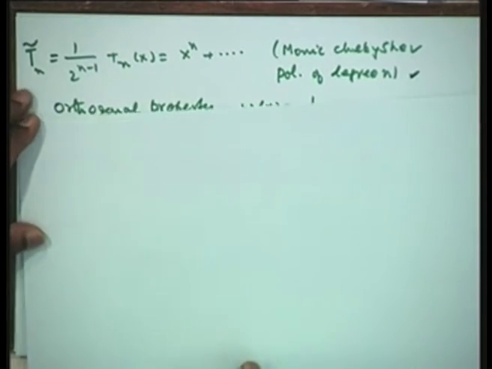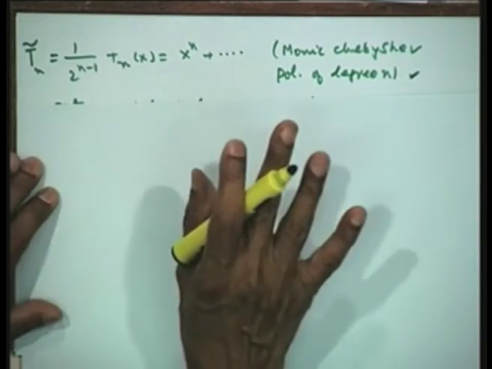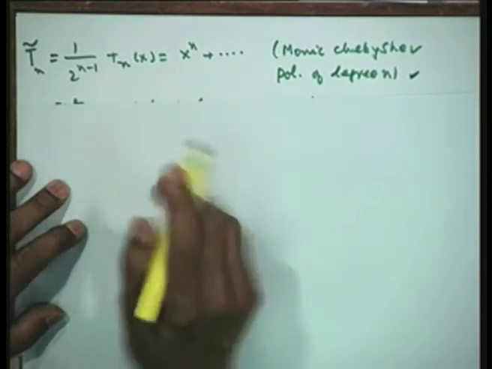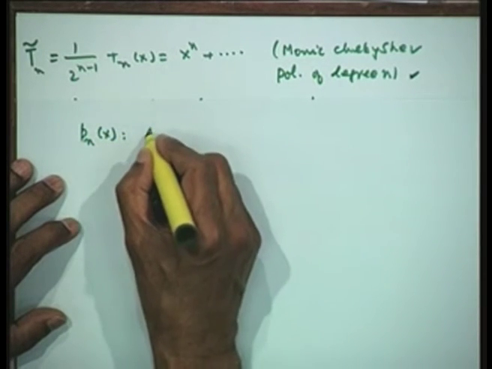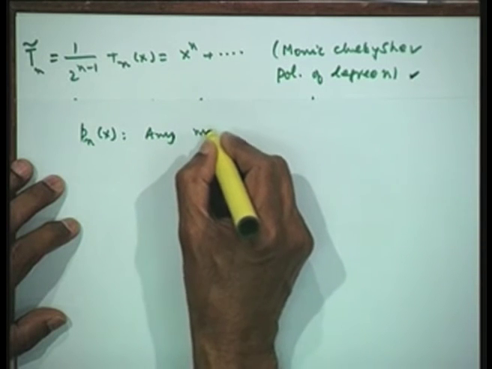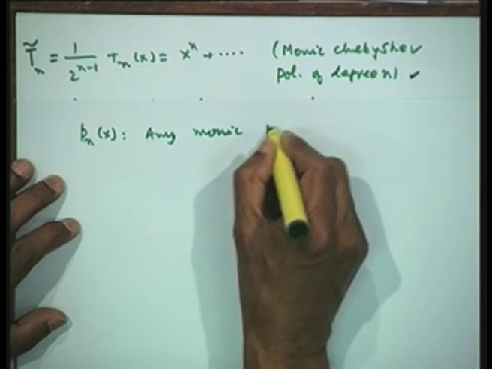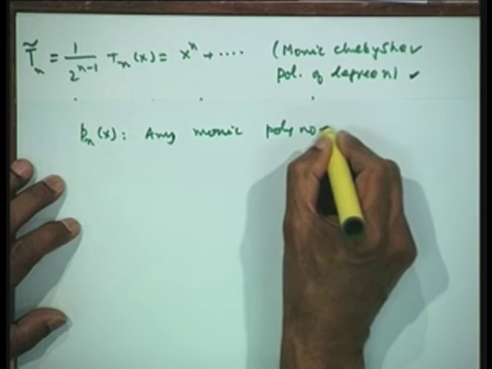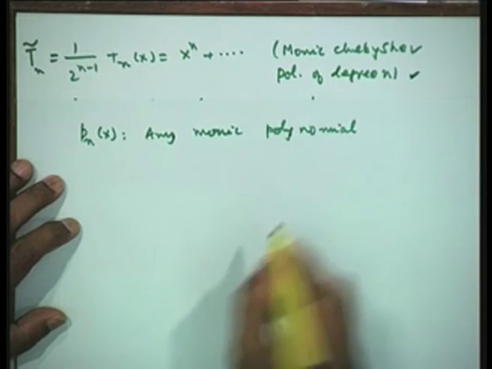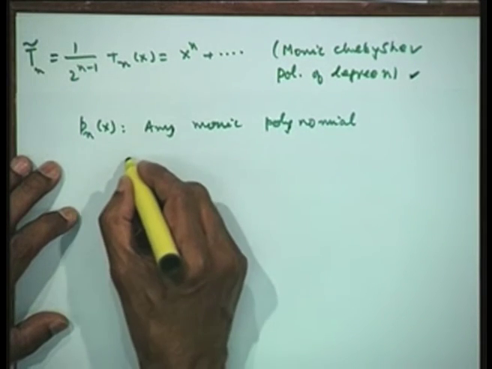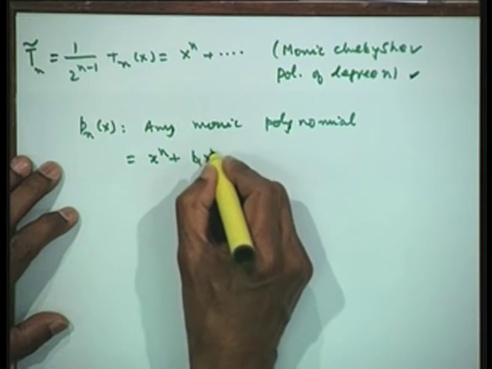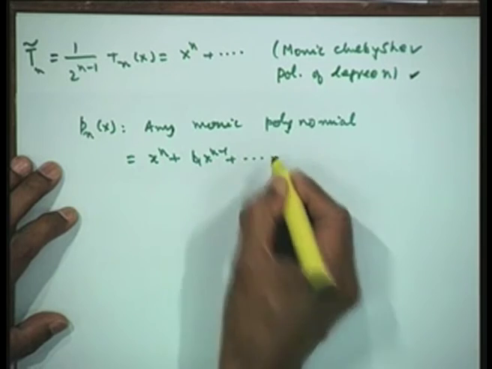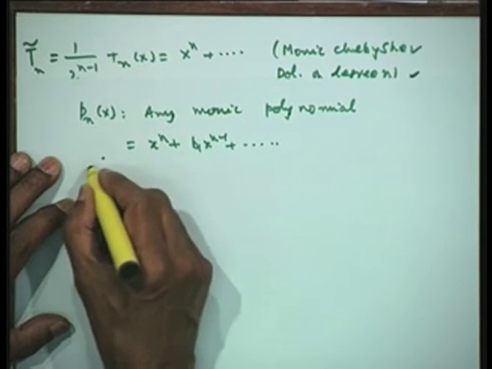Now, I consider any polynomial with leading coefficient 1. P n x is any monic polynomial. That means the leading coefficient is 1, that is, it is of the form x to the power of n plus some b 1 x to the power of n minus 1 and so on.